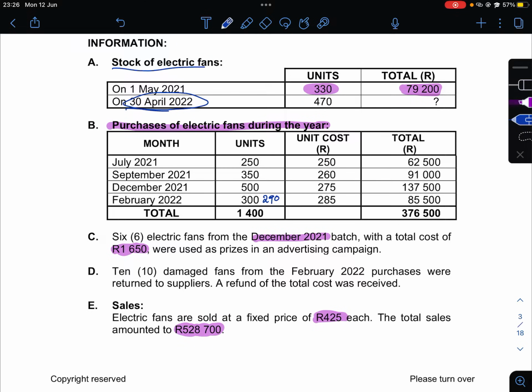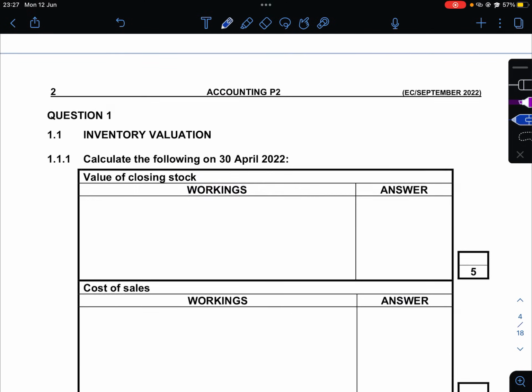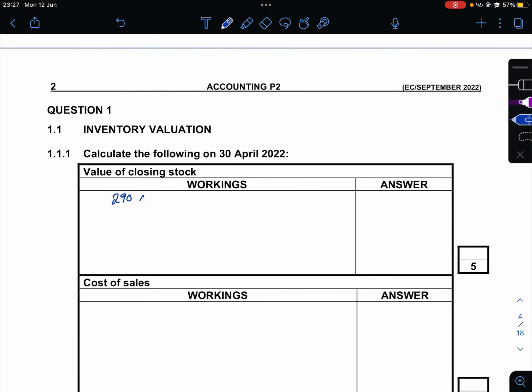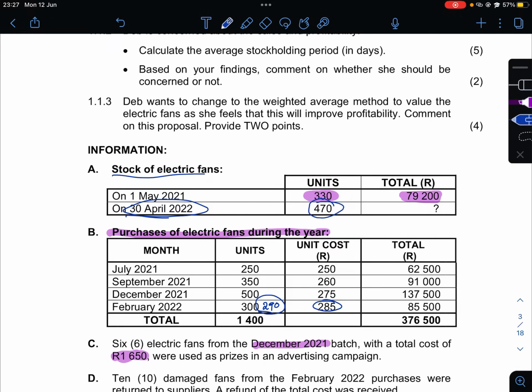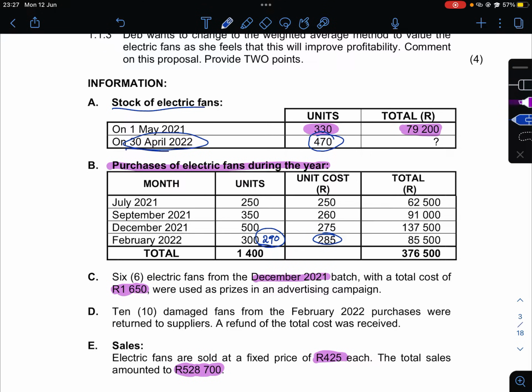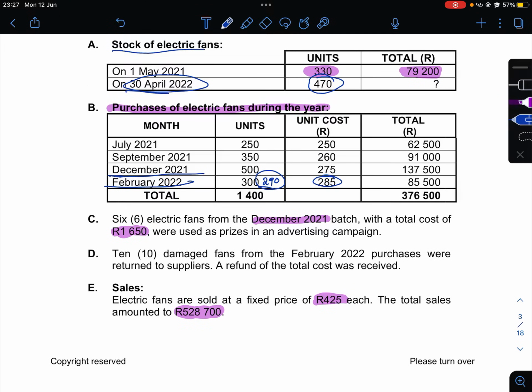So what we bought last is what's supposed to be our closing stock, right? In February 2022, we have 290 units on hand, valued at a unit cost of 285. So it's 290 times 285, plus, because we have 470, that simply means we have some stock from February and also some from December.